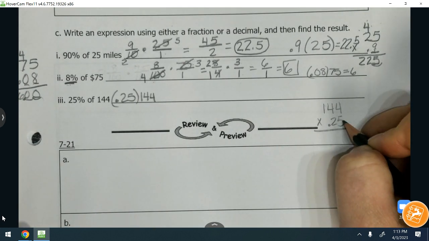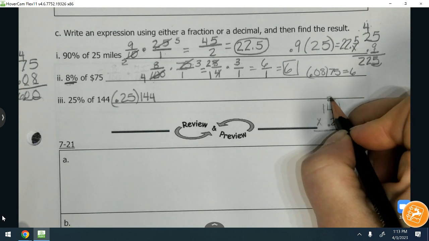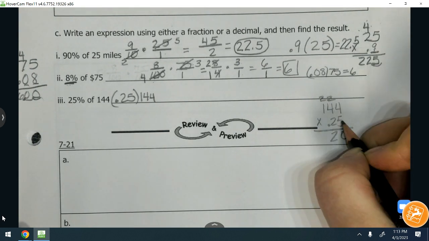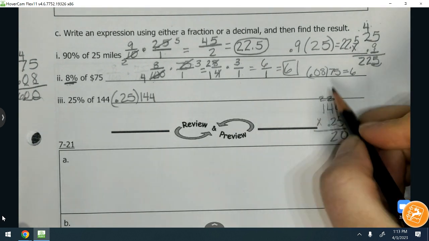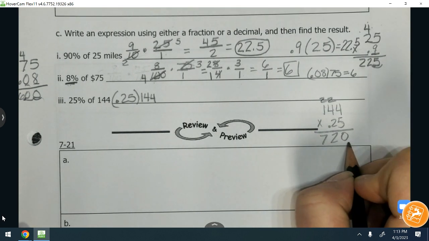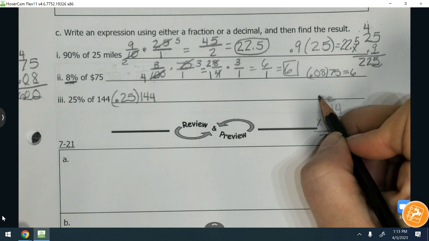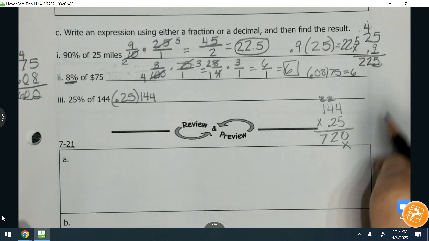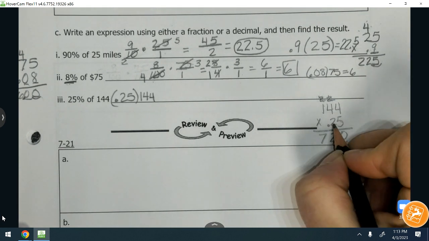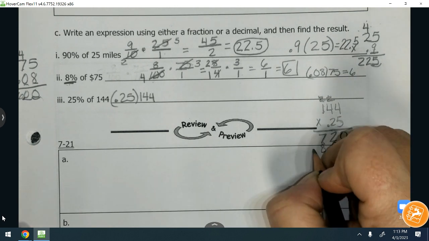So we have 5 times 4 is 20. 5 times 4 is 20 again, plus 2 is 22. 5 times 1 is 5, plus 2 more is 7. I do mine a little different. I use my placeholder as an X. That helps my brain. You do you. 2 times 4 is 8. 2 times 4 is still 8. 2 times 1 is 2.